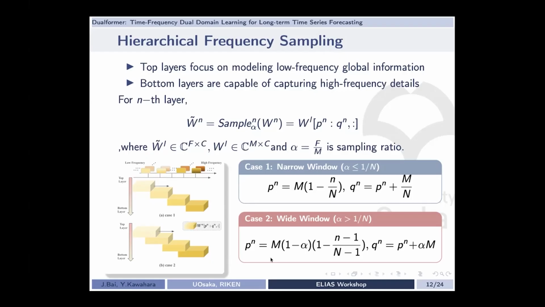And when alpha is larger than 1 over N, we allow a little bit of overlapping between adjacent layers. So this is how we define the slicing function and dynamically choose different frequencies for each layer. And this is the very simple idea of this sampling strategy.